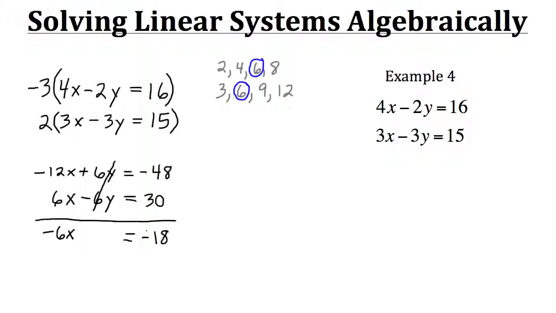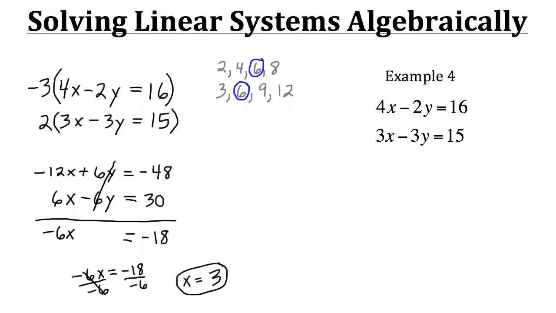So now after we do this addition, we're left with a -6x equals a -18. So to solve for x, we just need to divide both sides by a -6. Now that leaves us with our x equaling a -18 divided by a -6, which the negative divided by negative will give us a positive 3. So we know that the x value to our solution will be 3.